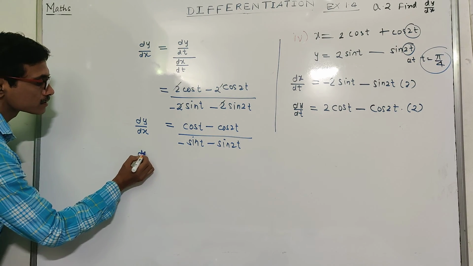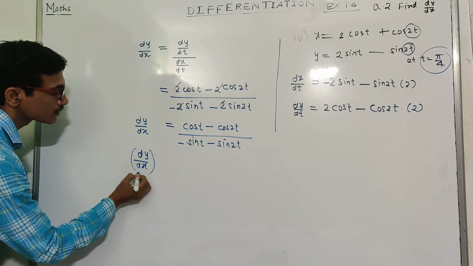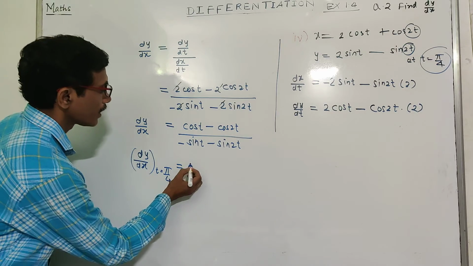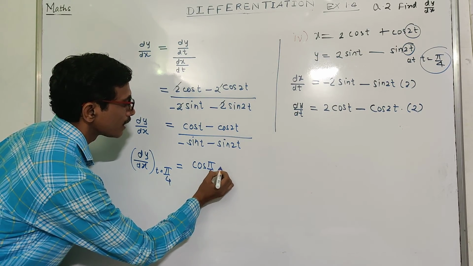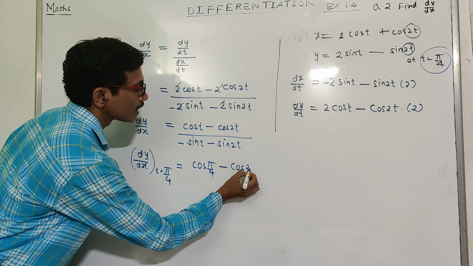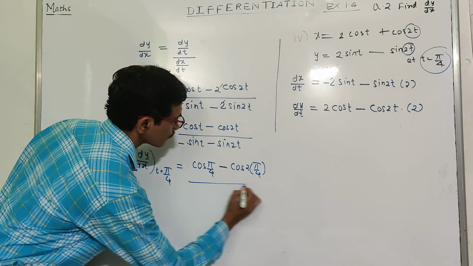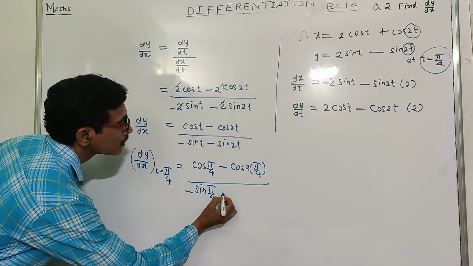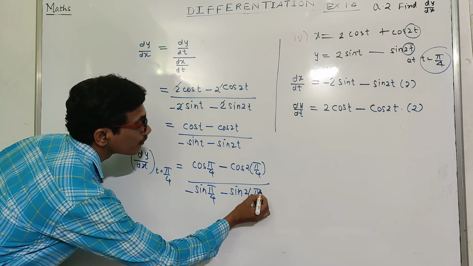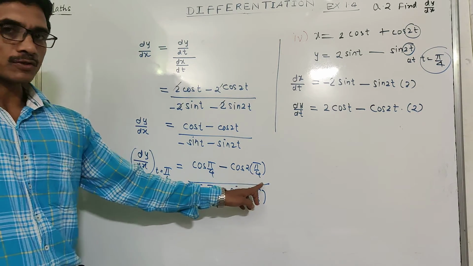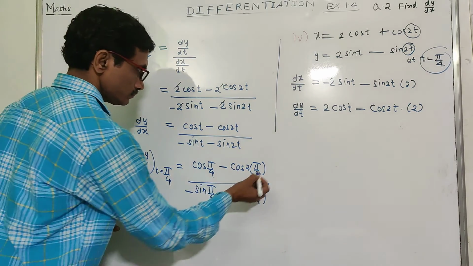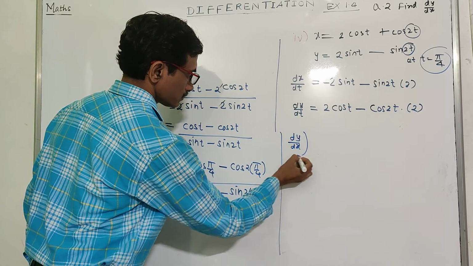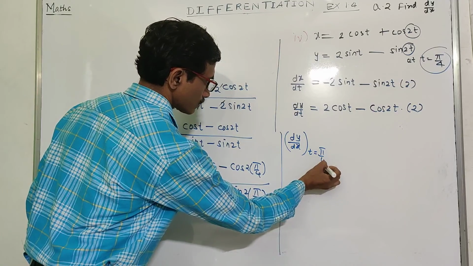So dy by dx at t is equal to pi by 4 is cos of pi by 4 minus cos of 2 times pi by 4, upon minus sin pi by 4 minus sin of 2 times pi by 4. So 2 times pi by 4 gives us pi by 2.